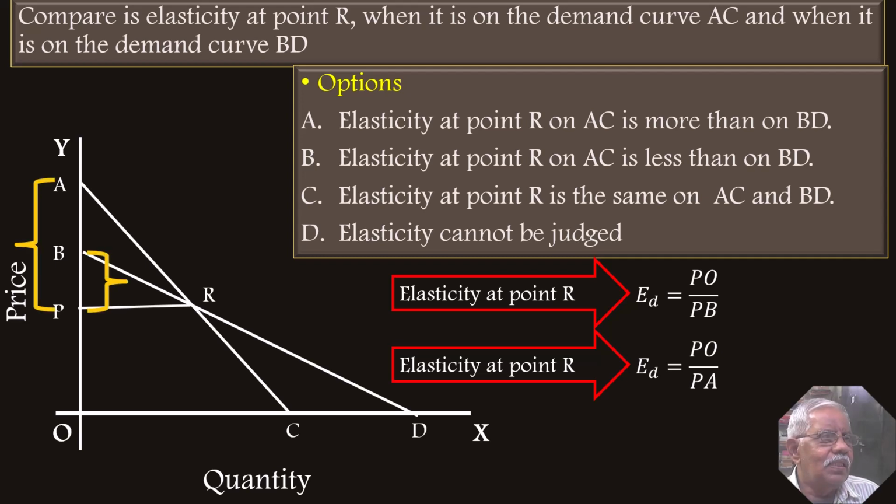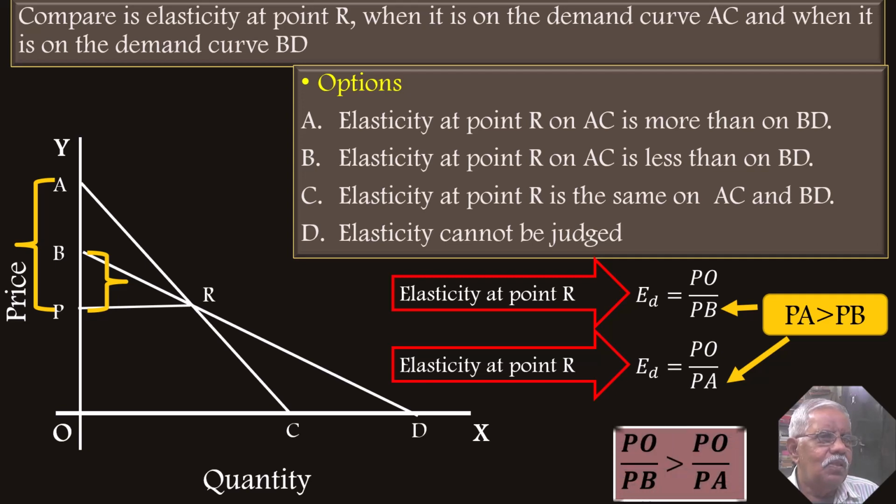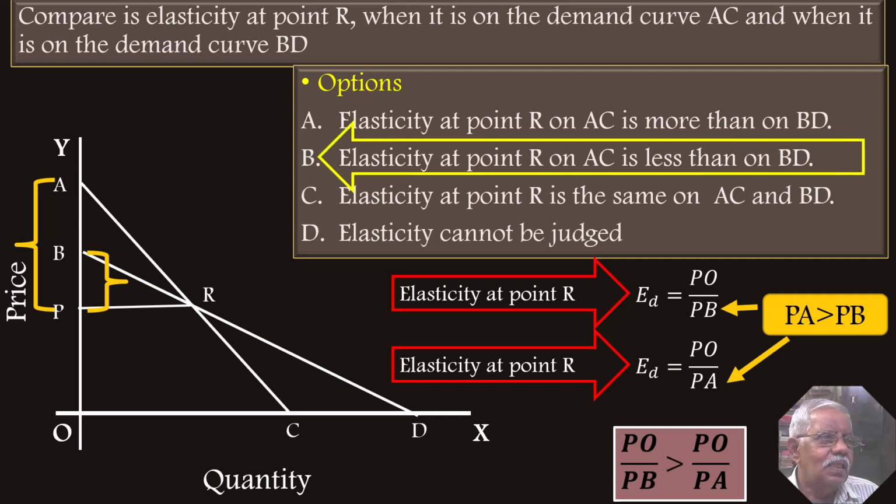The denominator value in the case of demand curve AC is PA. It is greater than PB. So, ratio PO by PB is more than the ratio PO by PA. Hence, elasticity at point R on the demand curve AC is less than elasticity at point R on the demand curve BD. Option B is the correct answer.